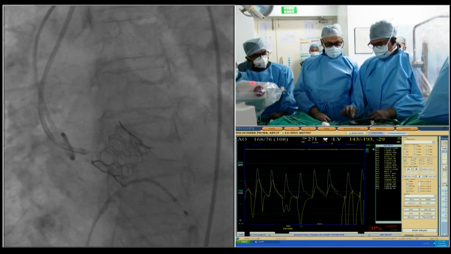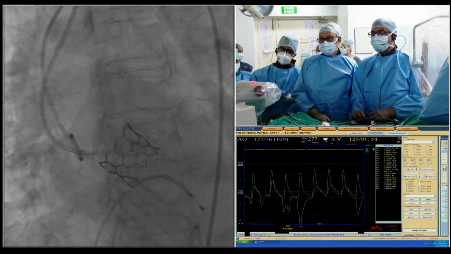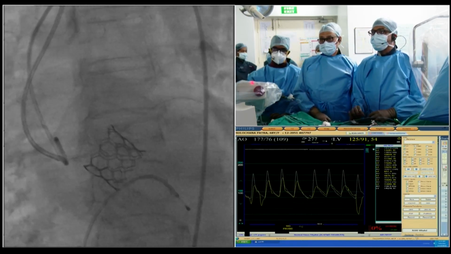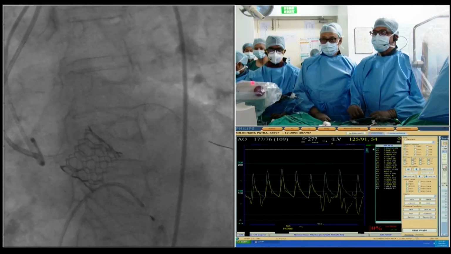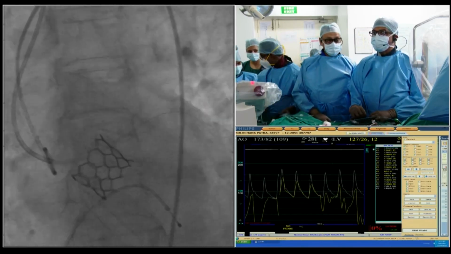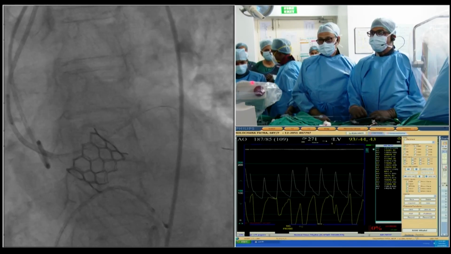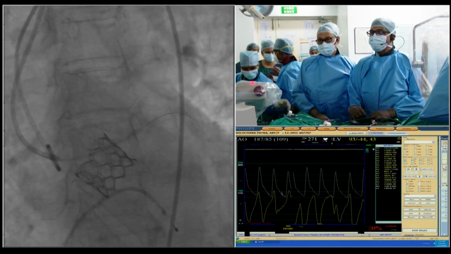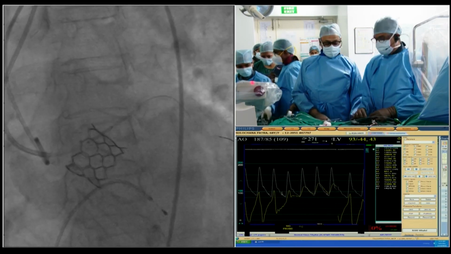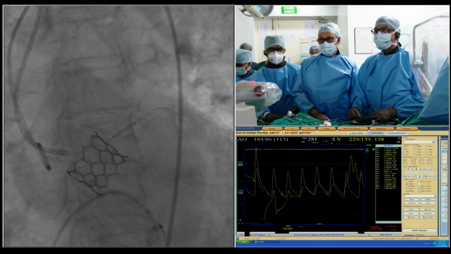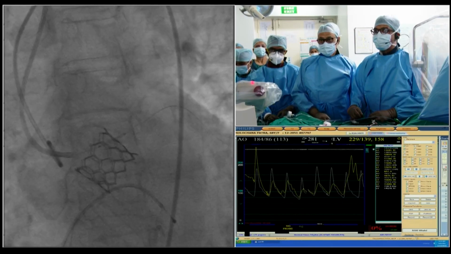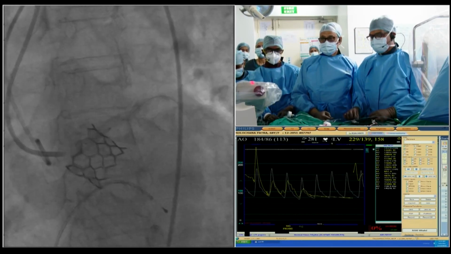Dr. Ramesh, just to make sure, do you prefer putting the stent later, or do you want to keep the stent in the coronaries in case of an acute occlusion? What is your usual strategy? He wants to know when you would take a preloaded stent in the coronaries when you're deploying, say, the valve.